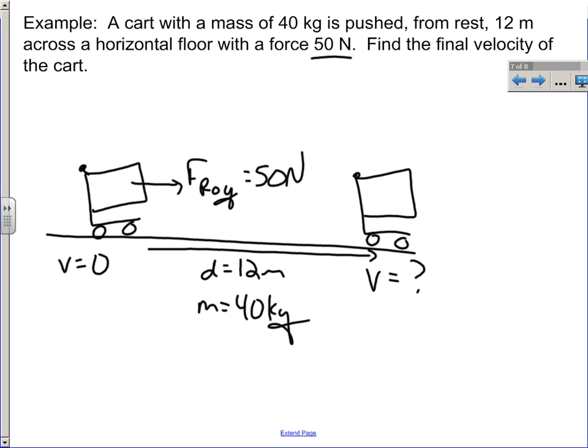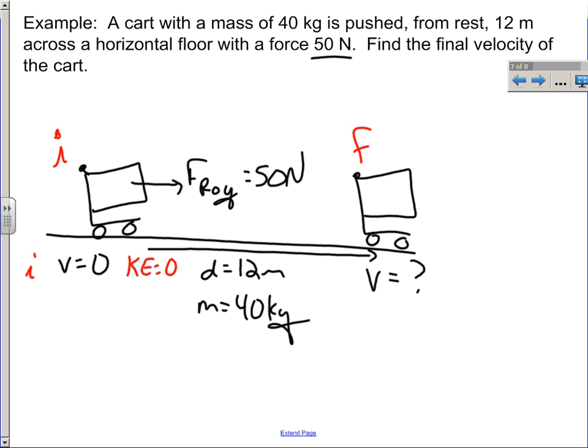So, this is tricky. We've got to think in terms of energy, right? So we're going to do a couple things. First of all, let's analyze the energy. Let's call this our initial point, and we're going to call this our final point. Over here at our initial point, we know the velocity is 0, which means the kinetic energy is going to be 0, right?